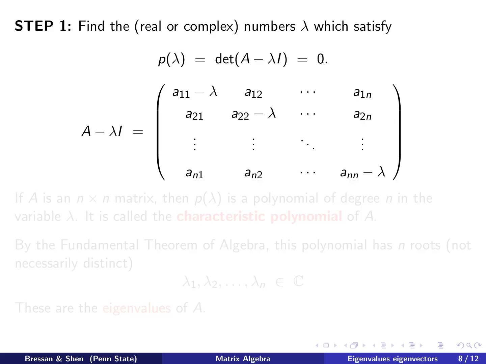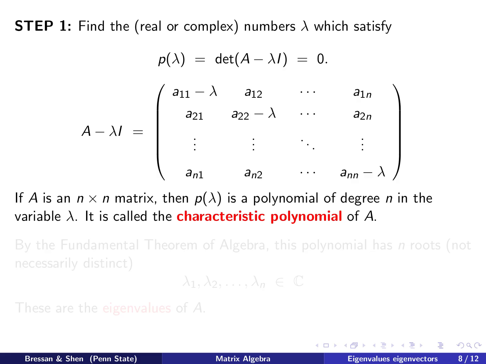And what is A - λI? It is the matrix A minus the identity matrix multiplied by λ, which means all the diagonal entries would be λ. You copy the matrix A and go through the diagonal, subtracting λ from all the diagonal entries.